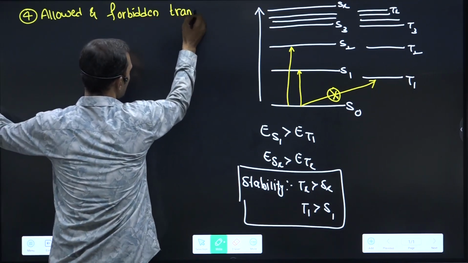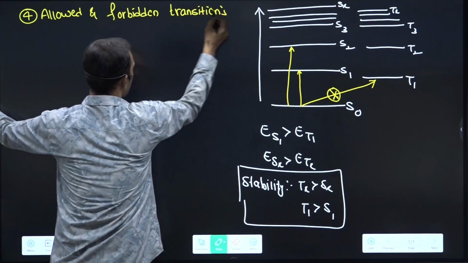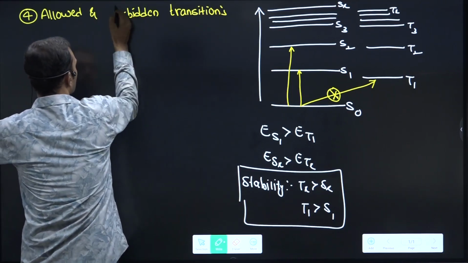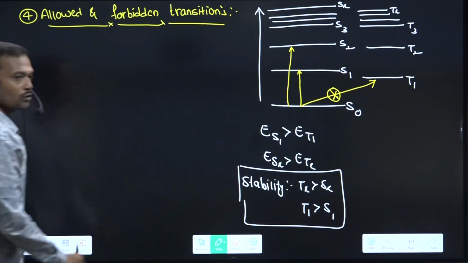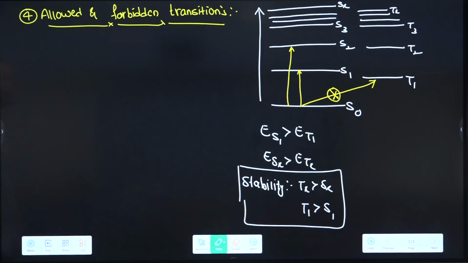Allowed and forbidden transitions in photochemistry and UV. Clear?